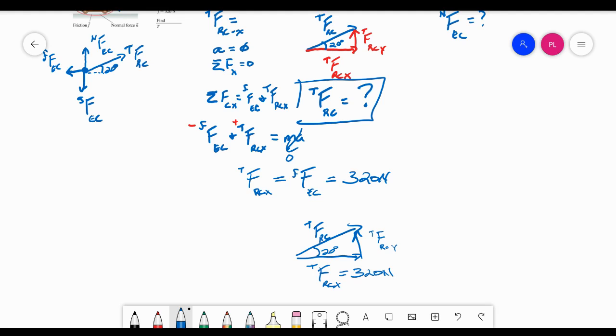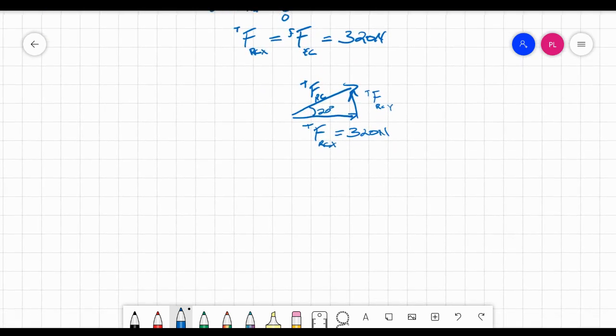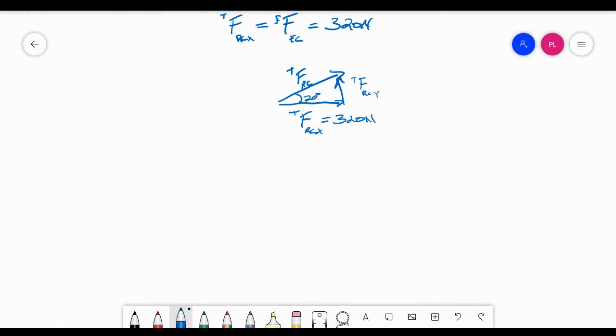So now here we're trying to find this hypotenuse, the actual resultant force, the actual force that the rope exerts on the car, and we know the x component is that. So now we're back to thinking about the sine of the angle is opposite over hypotenuse, the cosine of the angle is the adjacent over the hypotenuse, or the tangent of the angle is opposite over adjacent.